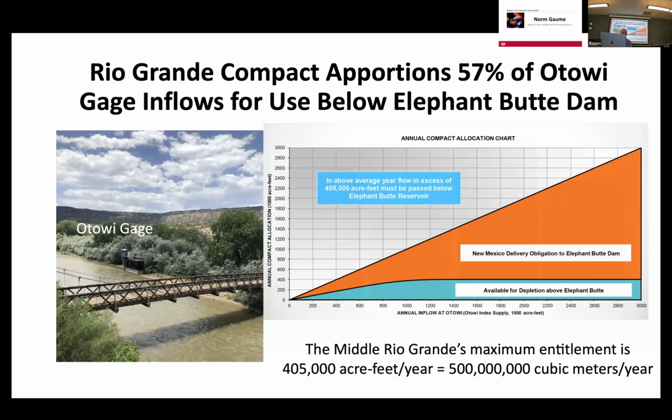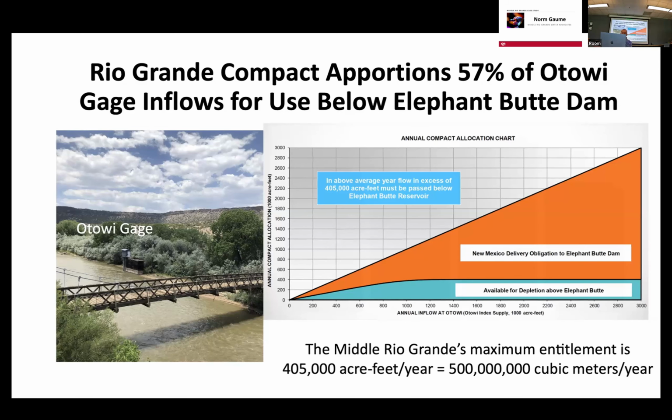New Mexico owes 57% of the inflows to be delivered downstream. It's obligated to do that. And at higher flow years, like in this year, New Mexico has to deliver 100% of the marginal increases in flows. And that is a tall order.